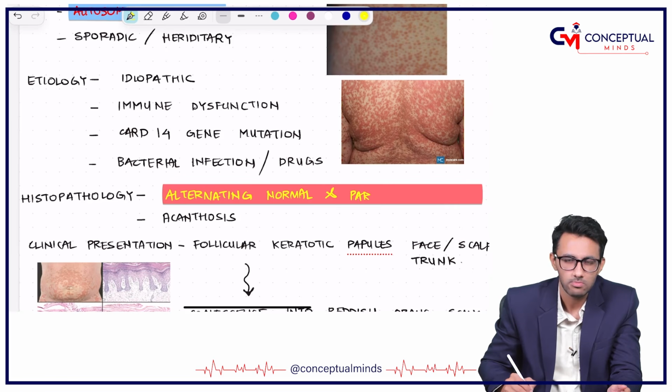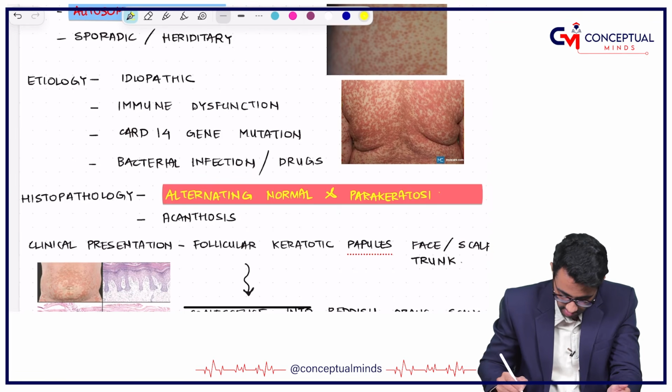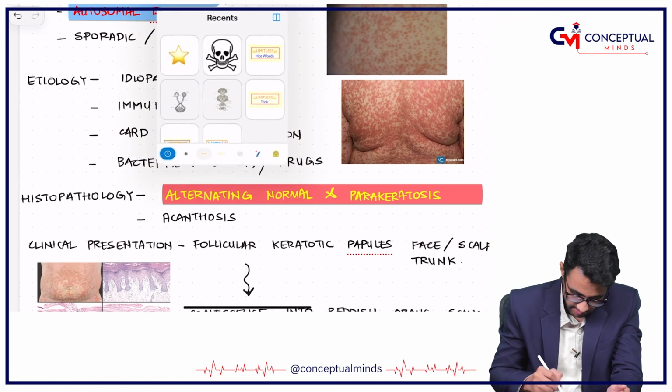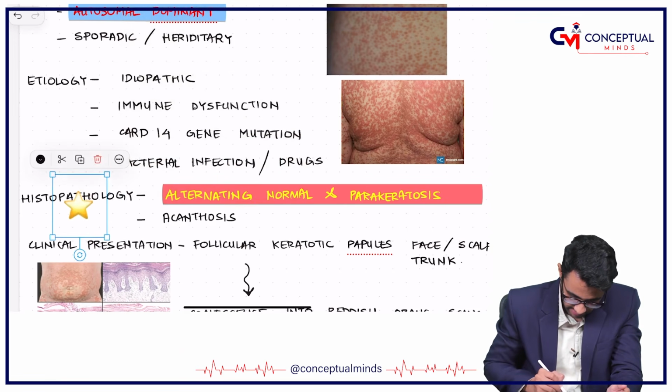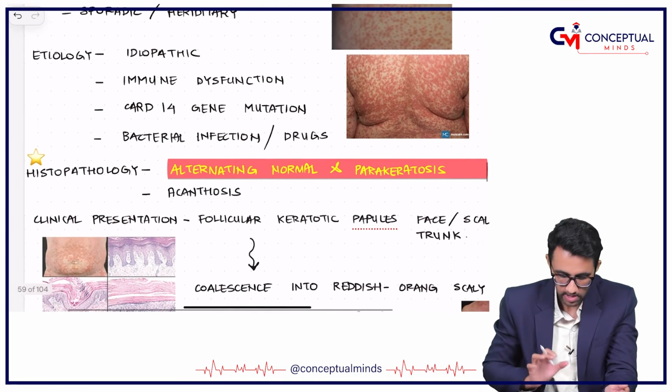What does parakeratosis mean? I hope you know. Okay, this is a very key finding. The histopath findings are very key. So alternating bands of normal and parakeratosis.